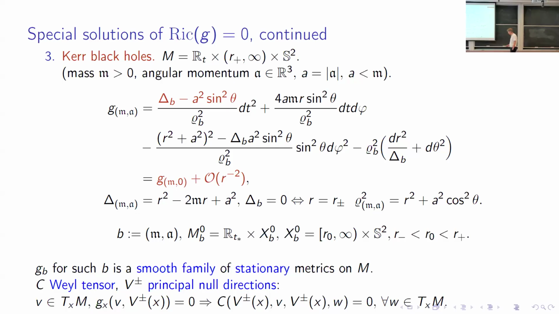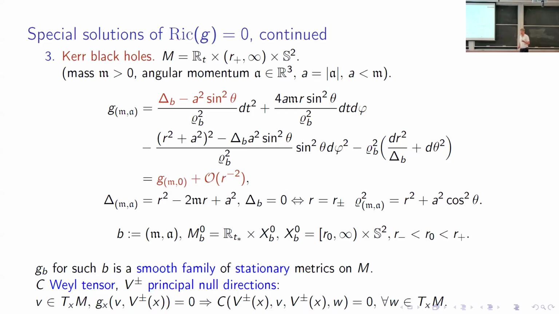Take a point on your manifold, and if you have g(v±, x) = 0, this implies that the Weyl tensor evaluated at (v±, x, v±, w) is 0 for all w in the tangent bundle. So this is some kind of double root of the Weyl tensor.